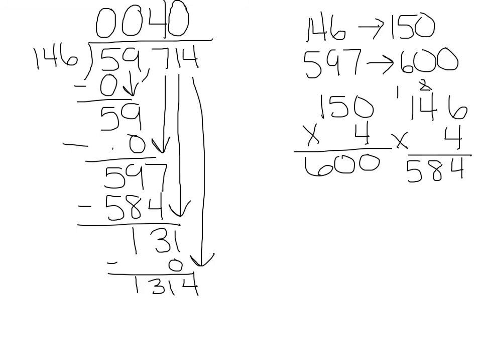Okay, so now 146 goes into 1,314 how many times? Well, that's a really big number compared to 146. So I'm just going to try 146 times 9 just to see where that brings us, because my best guess is it's definitely going to be a high number, because we already know that 146 times 4 gives us 584, and that's less than half of this.